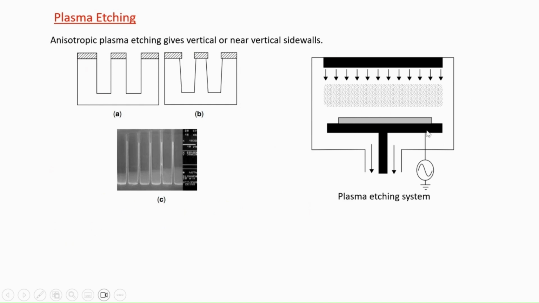If I give a negative potential to the bottom electrode and the ions are positive, they will come and hit the substrate and give directionality to whatever structure you want to make. You can make structures like those shown in A and B, and ultimately this is the actual image, where you can see straight tube-like holes produced using plasma etching.